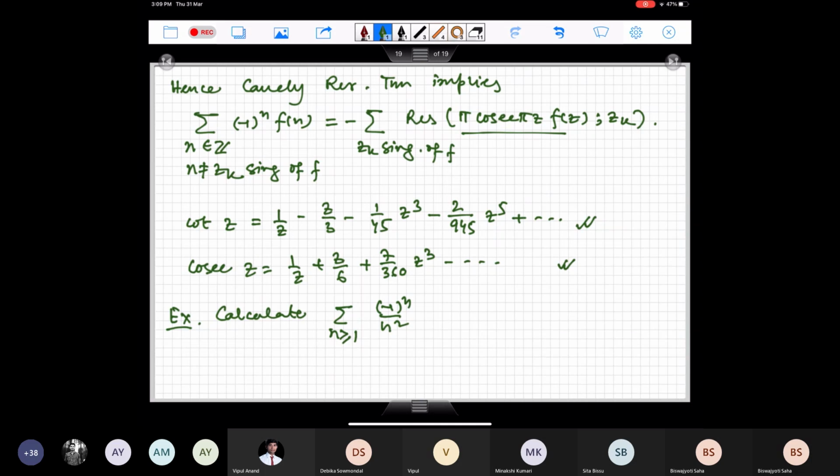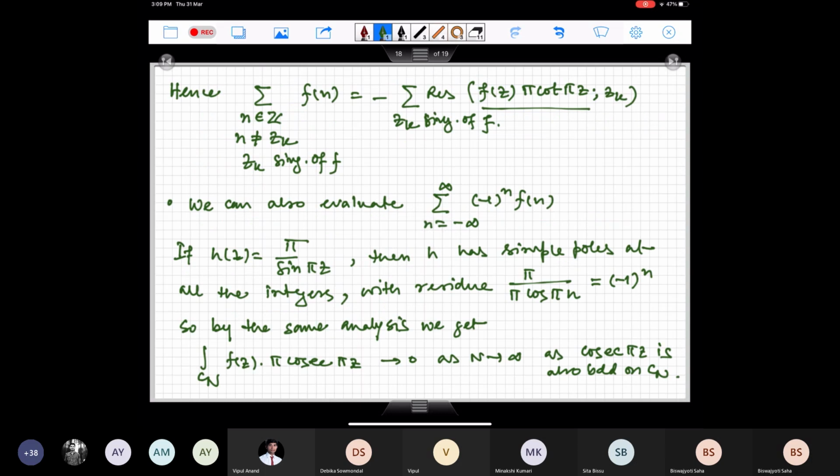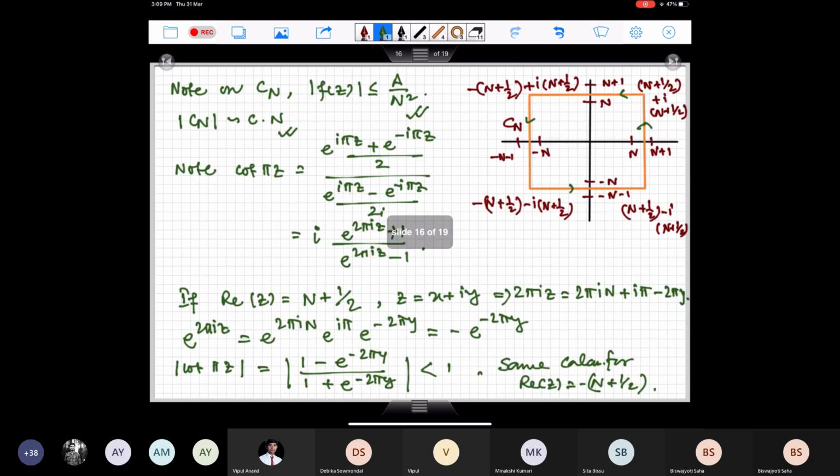Okay, because the way I have applied ML inequality, you saw that over here, I really had f of z is mod of a by n square, and my c subscript n was roughly about c times n.